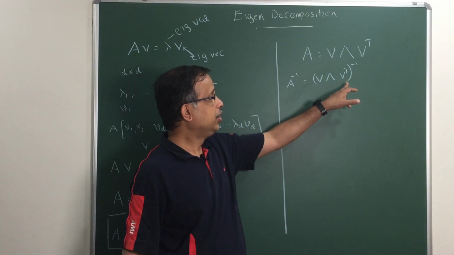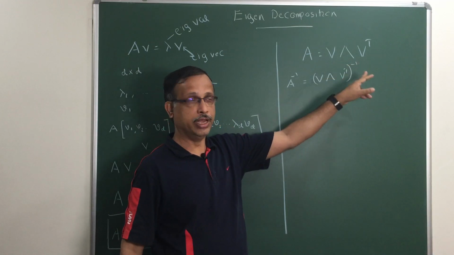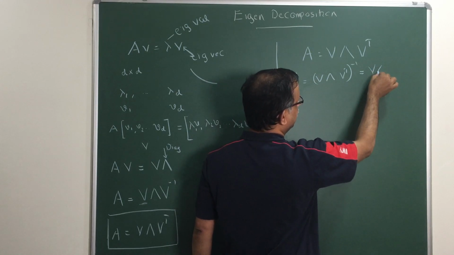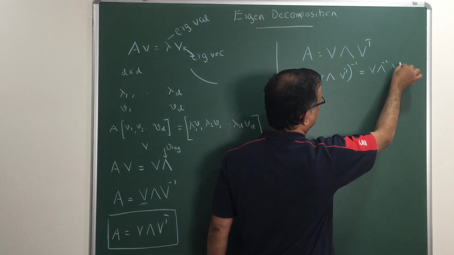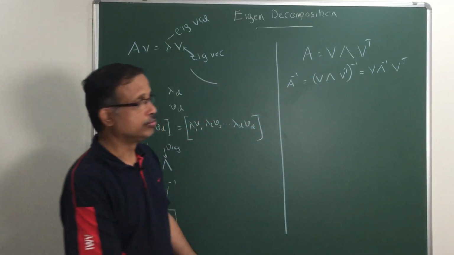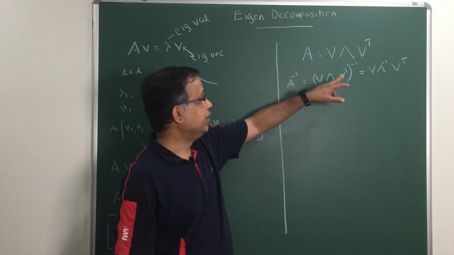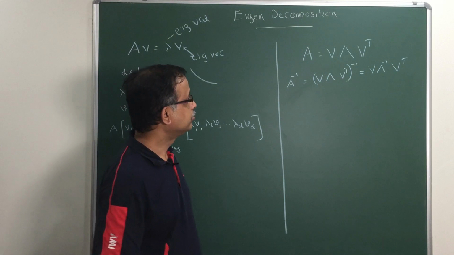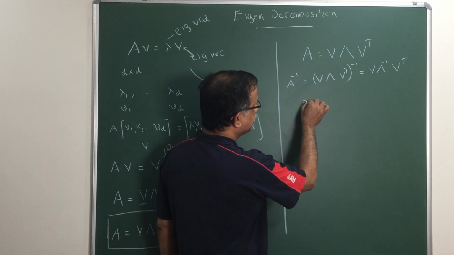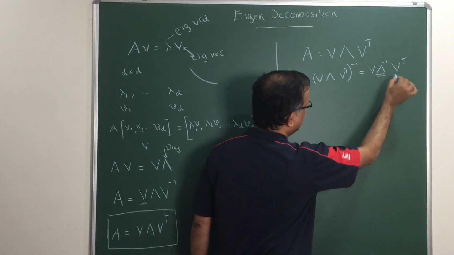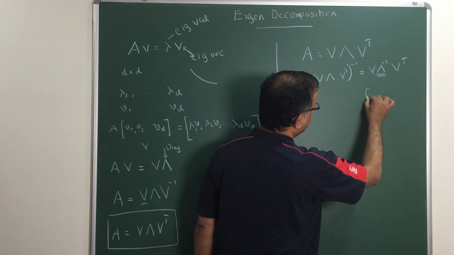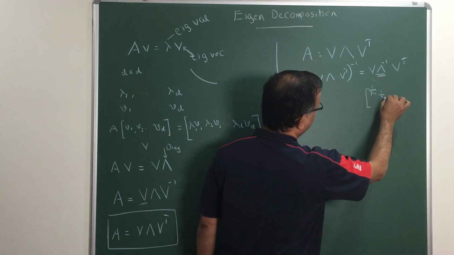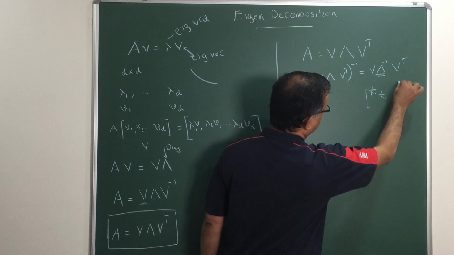A, B, C whole inverse is C inverse, B inverse, A inverse. This is nothing but V lambda inverse V transpose, because the V inverse will be V transpose. And what is lambda inverse? This is the diagonal matrix with elements as 1 by lambda 1, 1 by lambda 2, 1 by lambda d.